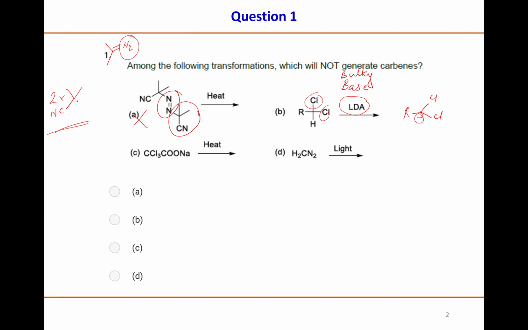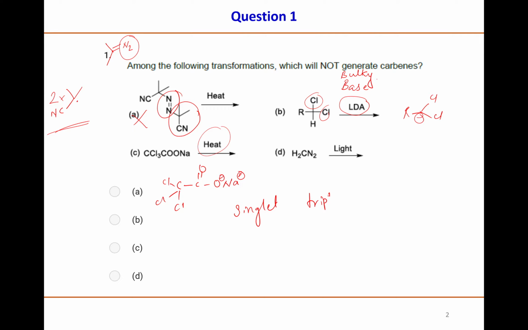Then we move to the third one. What is the third one? CCl3COONa, which we can also write in this form. It is a salt. Now here you can see that when we are heating this, it can eliminate CO2, but it will not generate carbene. Carbene is a species which has a pair of electrons. There are 2 types of carbene, one is singlet, one is triplet.